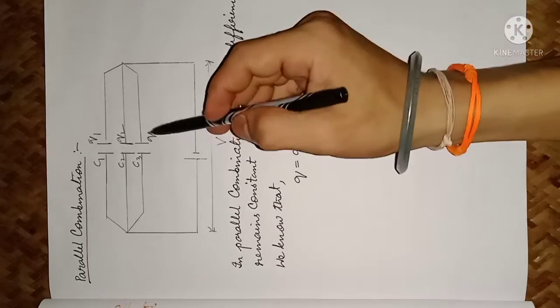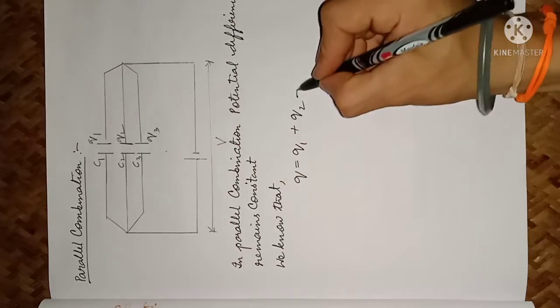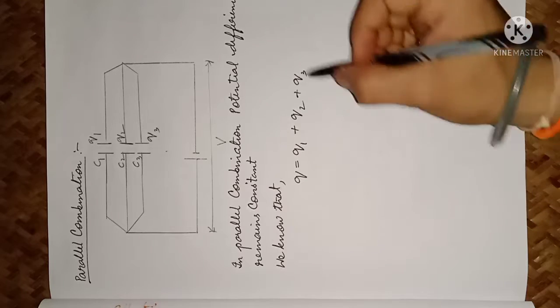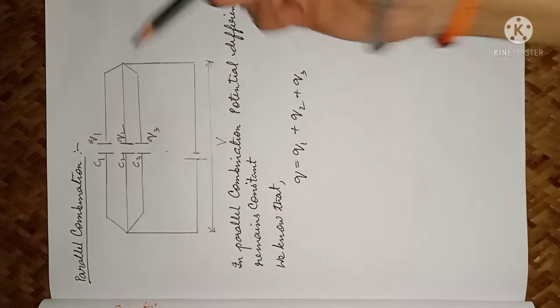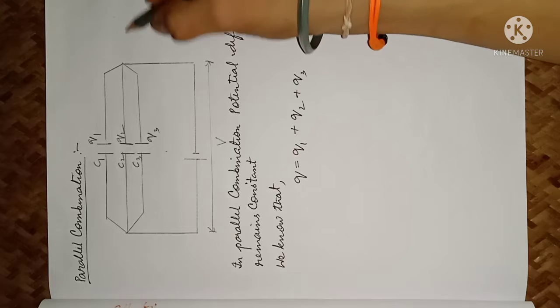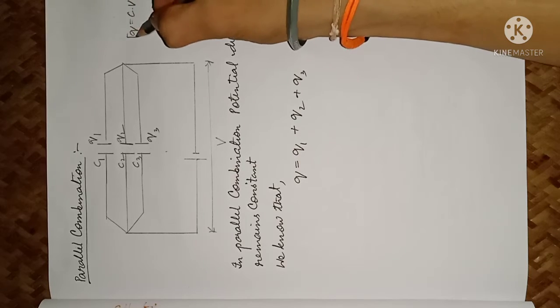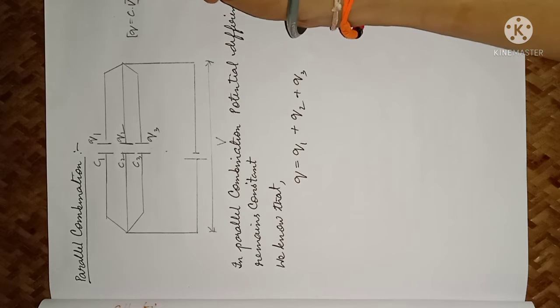Okay, and we have 3 charges, isn't it? So plus Q3. Similarly we can substitute the values as we did in the series combination. We know that Q is equals to C into V, charge is equals to capacitance into potential difference.